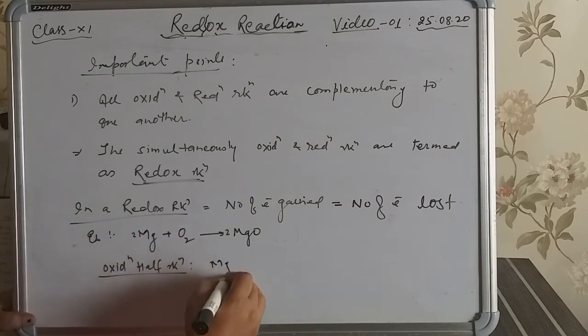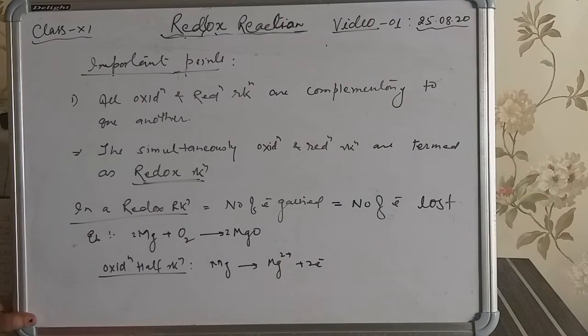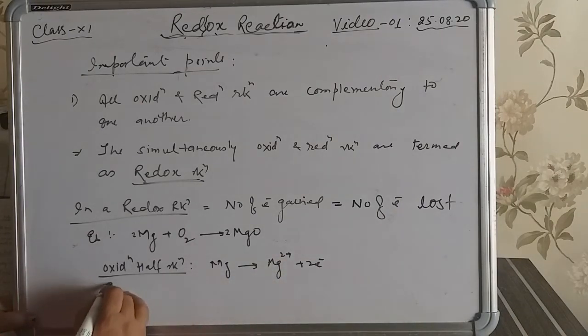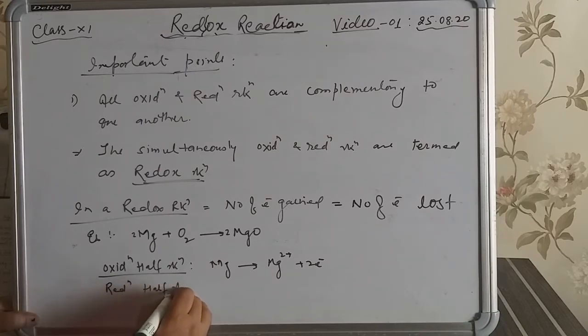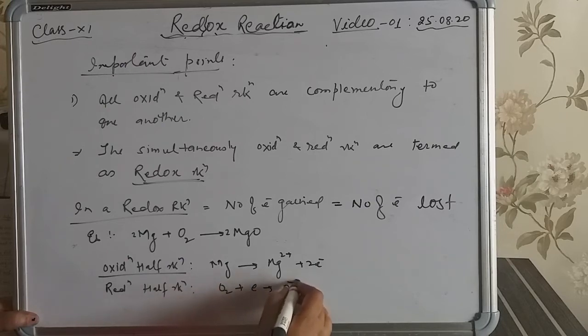So magnesium is converted to magnesium ion and 2 electrons are lost by the magnesium. This is equation 1. And the reduction half reaction: oxygen gains electrons and forms oxide ion.